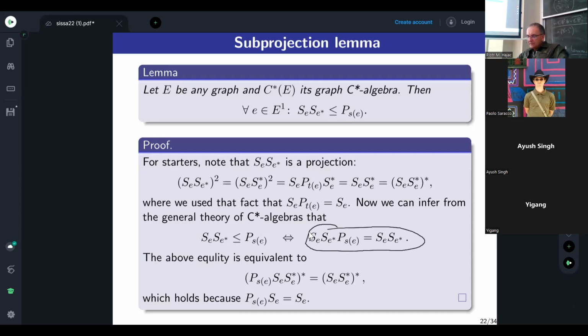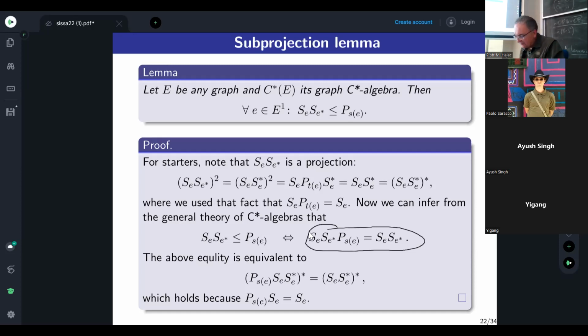There is some typo. I just want to use that involution is a bijection. So this equality holds if and only if it holds after I star it. Okay.